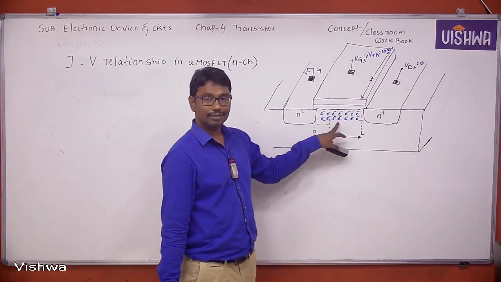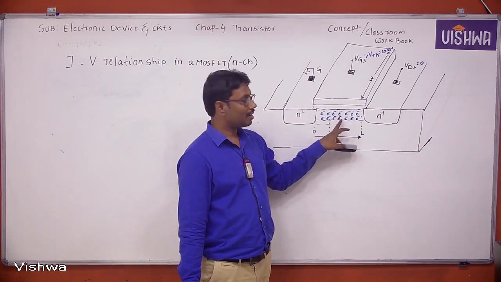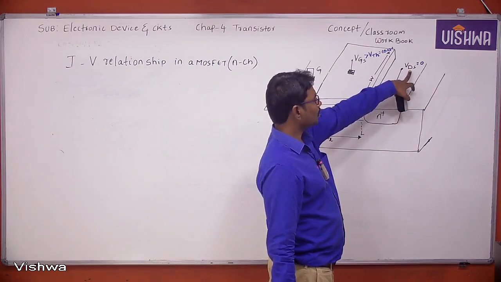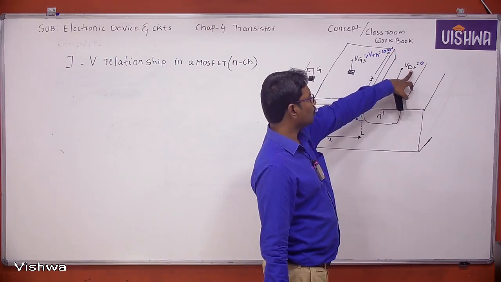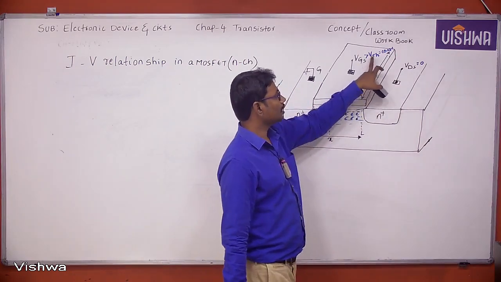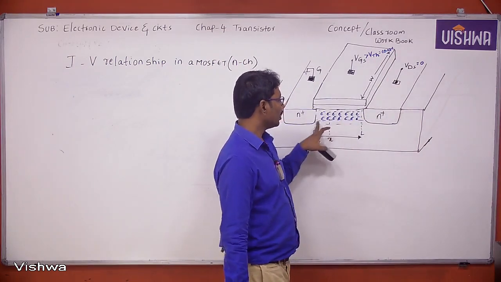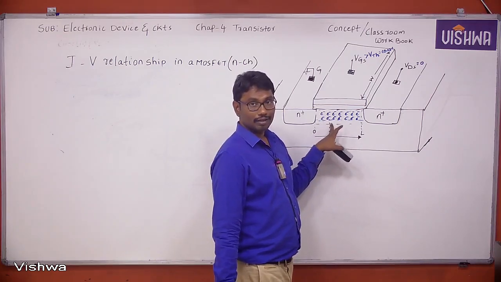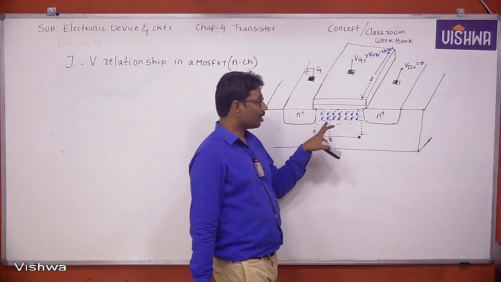Now in this case, what is the charge density? When VDS is 0, the first observation is that we make VGS greater than V threshold, and that should be constant. Then what is the charge in the inversion region?